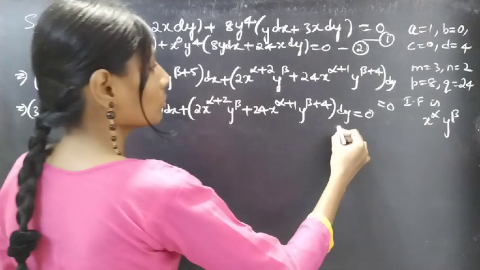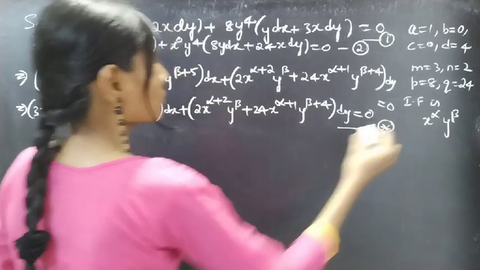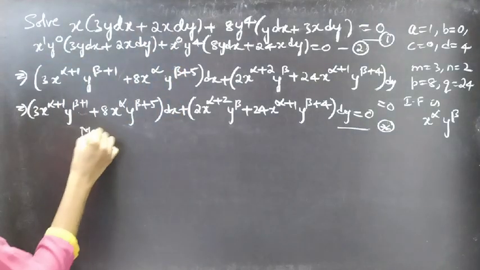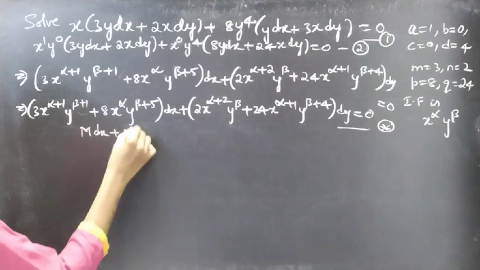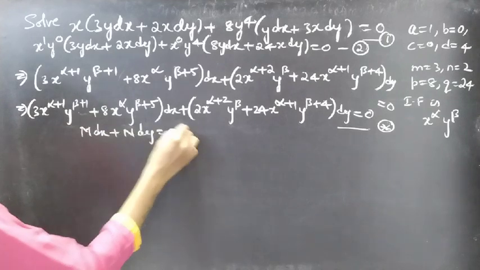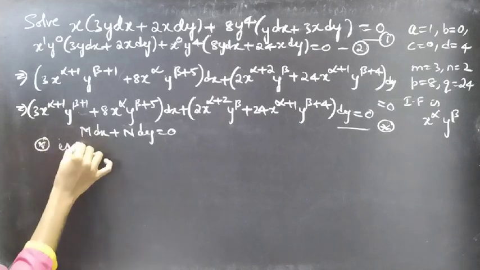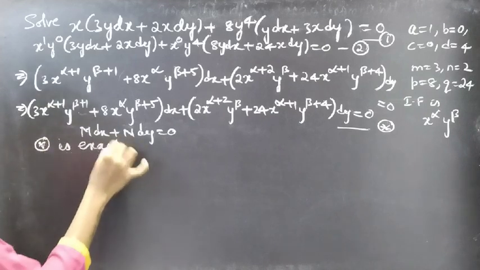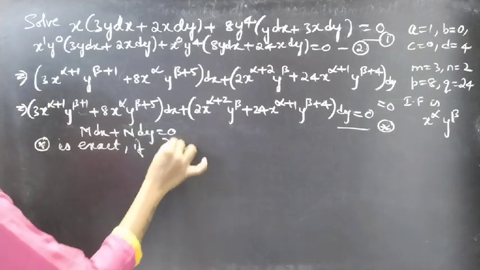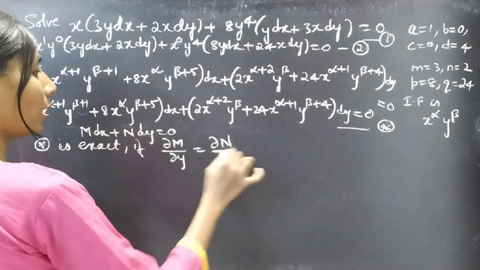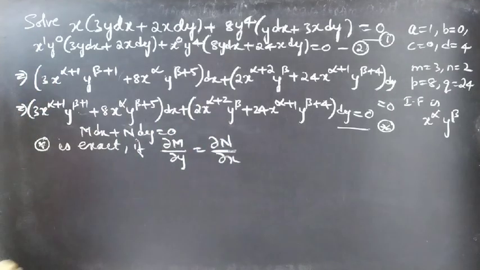Consider this equation as equation number asterisk, of the form M dx plus N dy equal to 0. So here equation asterisk is exact if ∂M/∂y equals ∂N/∂x, okay.